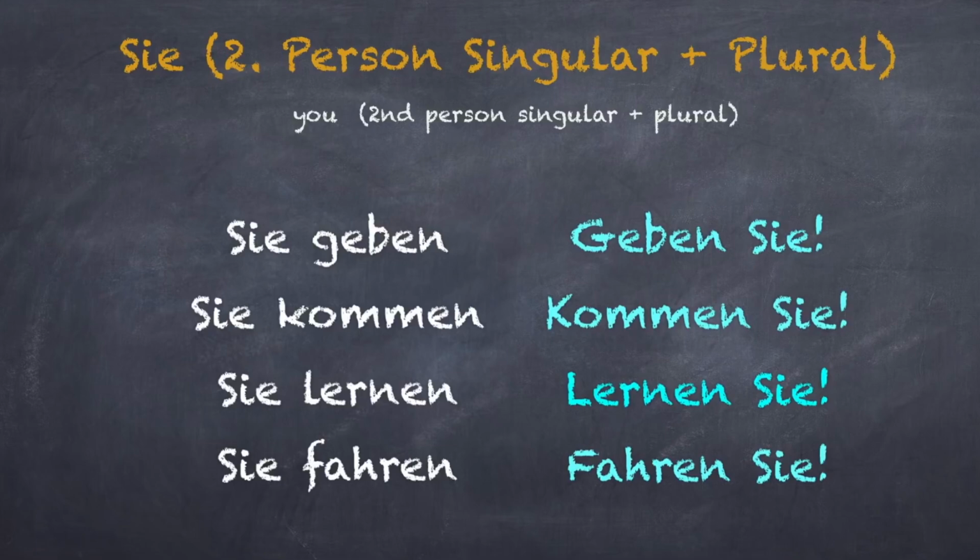Sie kommen changes to kommen Sie. Sie lernen changes to lernen Sie. Sie fahren changes to fahren Sie. All you have to do is interchange the places of sie and the verb. Don't forget to change the intonation while you're using sentences in imperative.